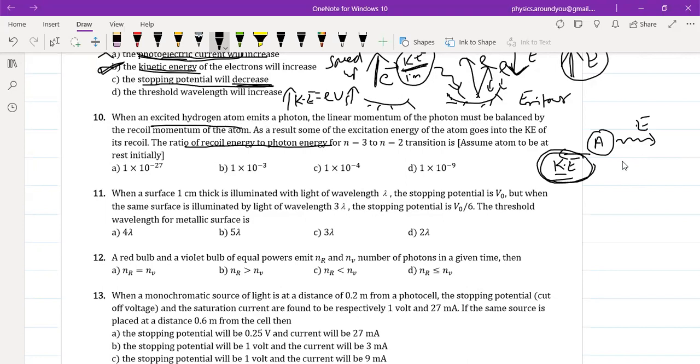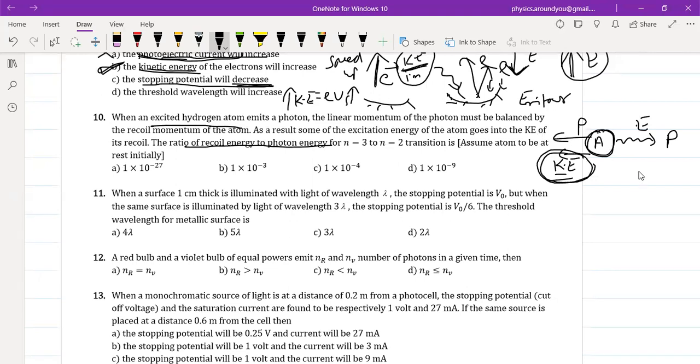How is it simple? Because momentum is conserved. If the light is going forward with a momentum of p, the atom would go back with the same momentum. Reason, initially the atom was at rest. So to conserve momentum, if the light carries a forward momentum of p, the atom would go backward with a momentum of p.